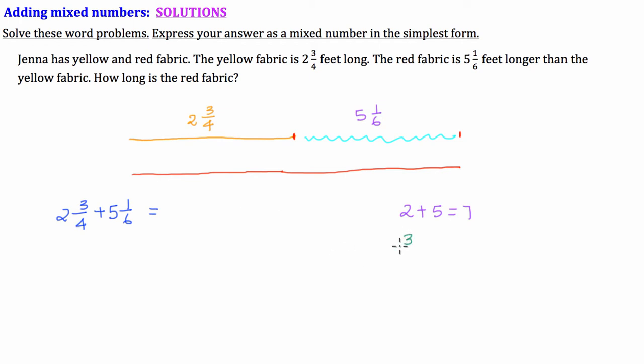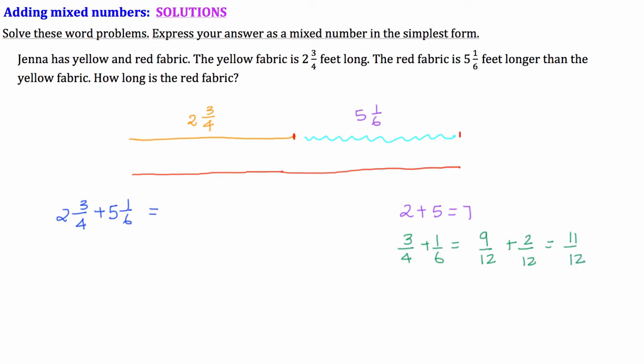And 3/4 plus 1/6. We have to find a common denominator. The LCM for 4 and 6 is 12. So 3/4 is the same as 9/12, and 1/6 is the same as 2/12, and this adds up to 11/12.